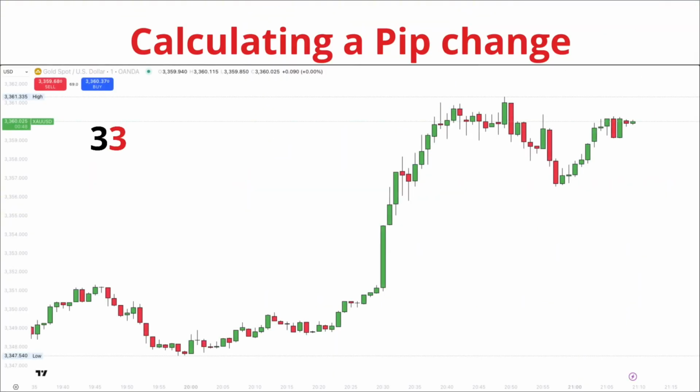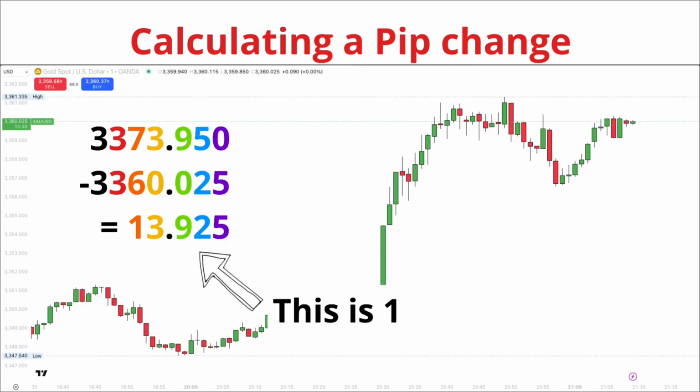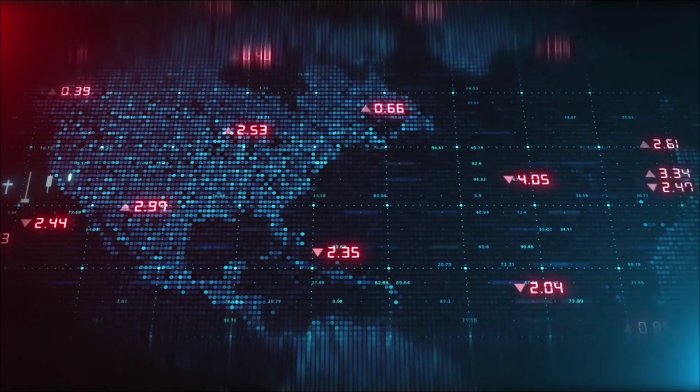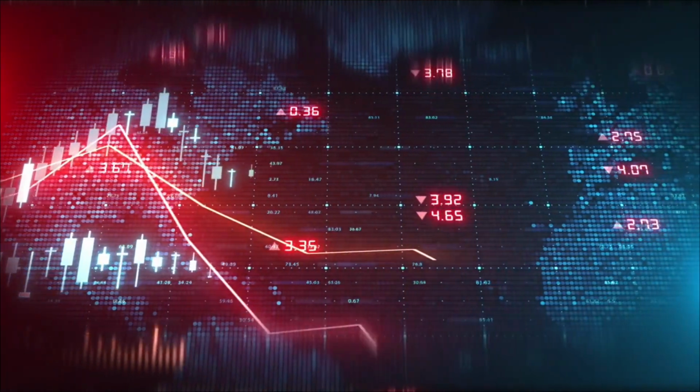We subtract one from the other to find the difference between the two prices. This equals 13.925. We've just made 1,392.5 pips.